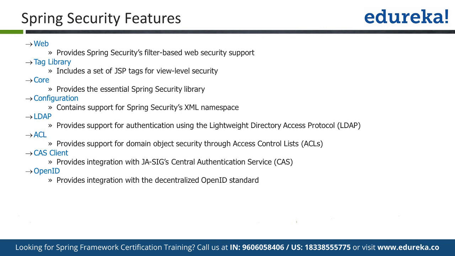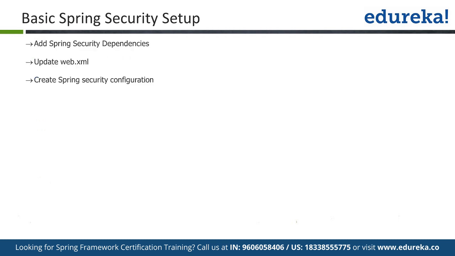You have some kind of tie-up with Google or Facebook. That is OpenID integration. Spring Security provides you this feature as well. If you want to integrate with OpenID, maybe Google, Facebook, LinkedIn, or any other giant, you can use the integration with the help of decentralized OpenID. So rather than worrying about creating the security features for your application, you simply authenticate the user with the help of decentralized OpenID standards, which are in the market nowadays.